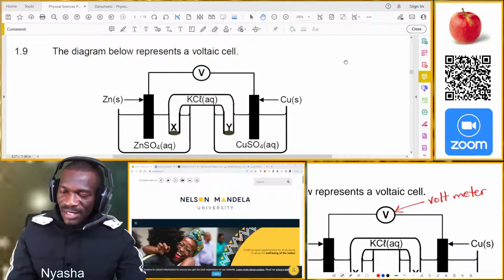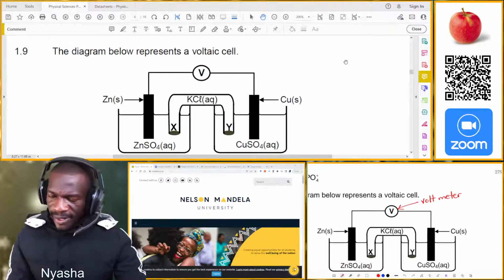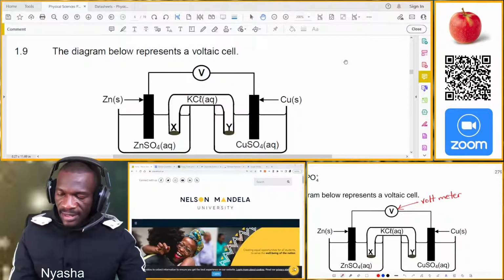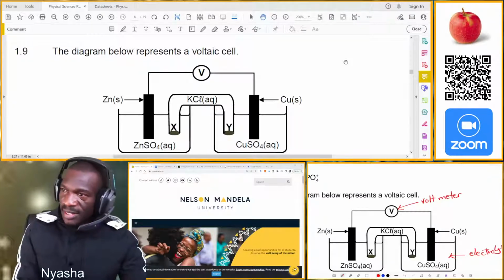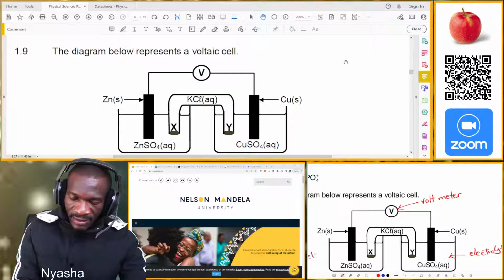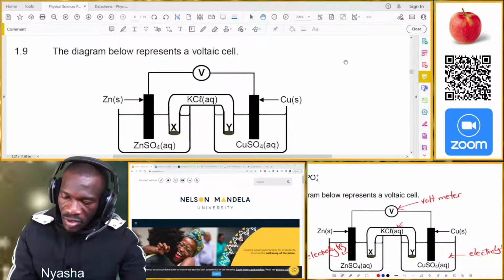So we actually see some electrical measurement there. Okay. Then what is the last constituent? We obviously have our electrolyte, and another electrolyte there. Electrolyte, which is in here, and then we have our salt bridge.